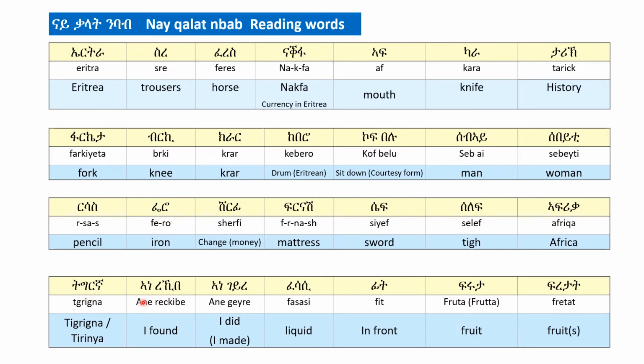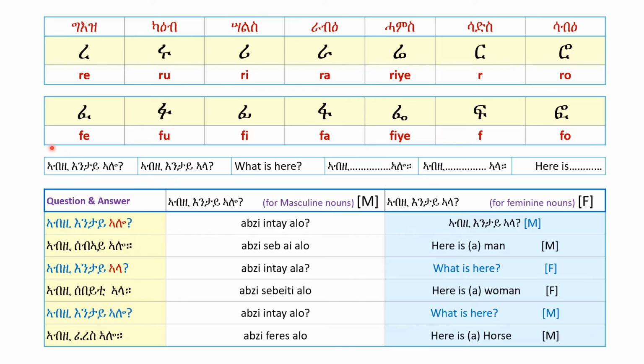Tigrinya, Ane, Rehibe, Ane, Geire, Fesasi, Fit, Fruta, Fretat. Re, Ru, Ri, Ra, Re, Re, Ro, Fe, Fu, Fi, Fa, Fie, Fe, Fo.